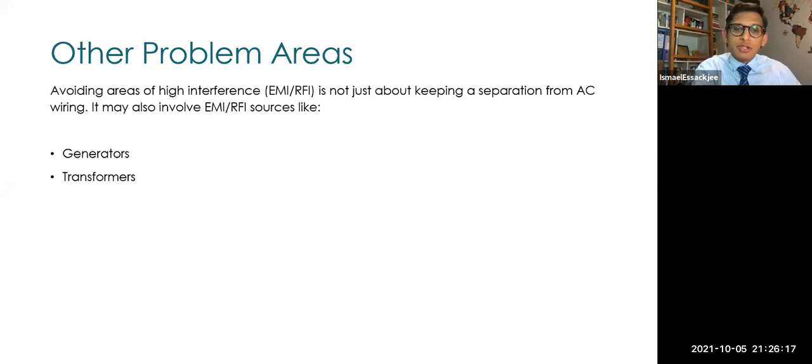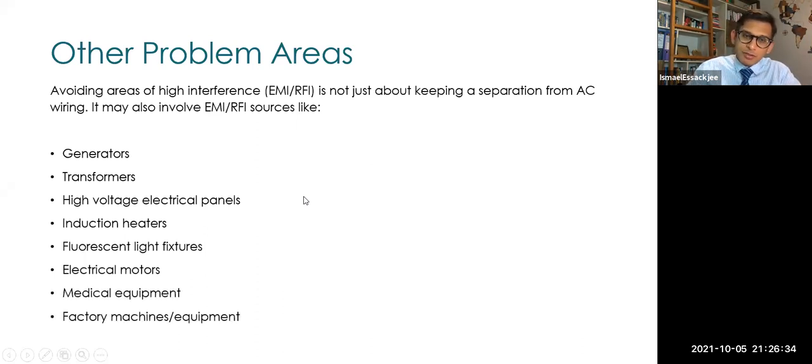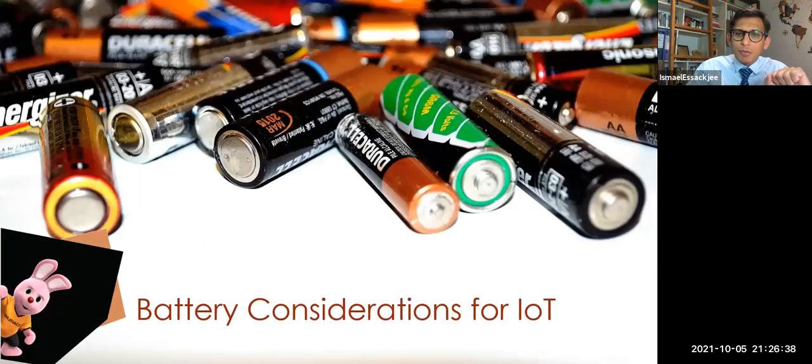But you need to be very careful, you need not put the communication cables next to these sources of electromagnetism. High voltage electrical panels, induction heaters, fluorescent lighting fixtures, electrical motors, medical equipment as well, factory machines, definitely. So be very careful, just to highlight these things.